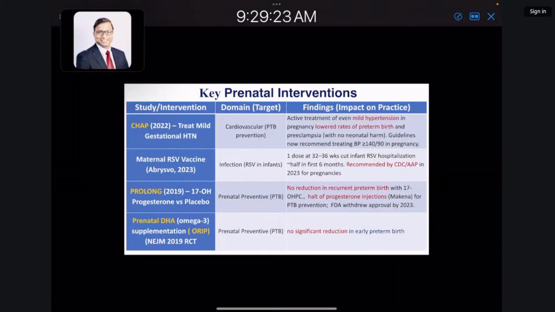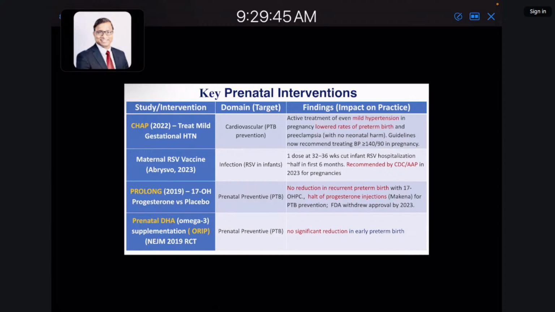Then coming to the next trial, the CHAP trial, which demonstrated that active treatment of even mild chronic hypertension in pregnancy, with a target blood pressure of less than 140 by 90 millimeters of mercury, reduced preterm birth and preeclampsia without increasing adverse neonatal outcomes.